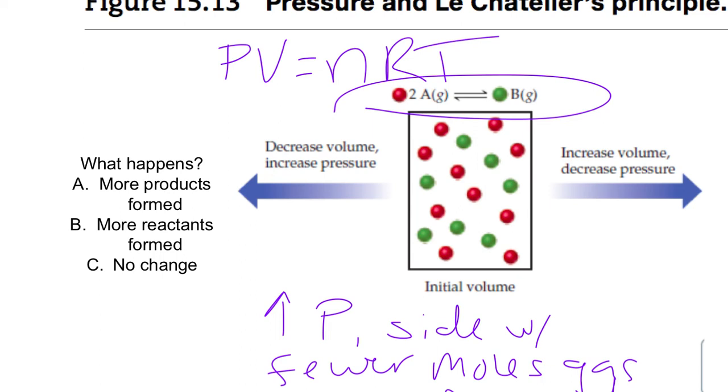And so in this example, that's the product side. We have 2 moles of gas on the reactant side. We have 1 mole of gas on the product side. So if we increase the pressure by decreasing the volume, we should form more products. Everyone okay with that?